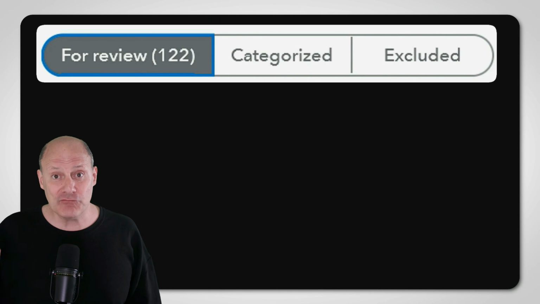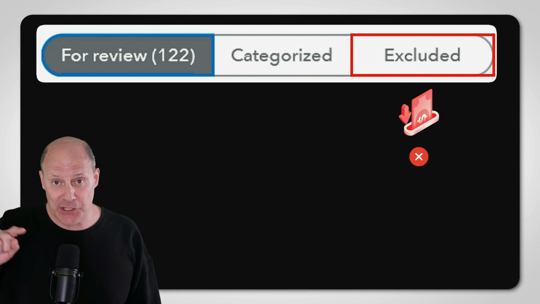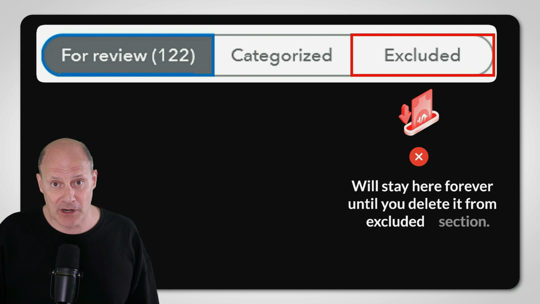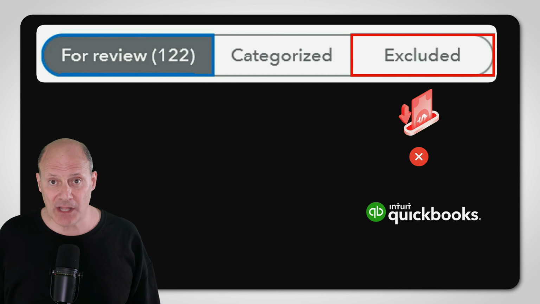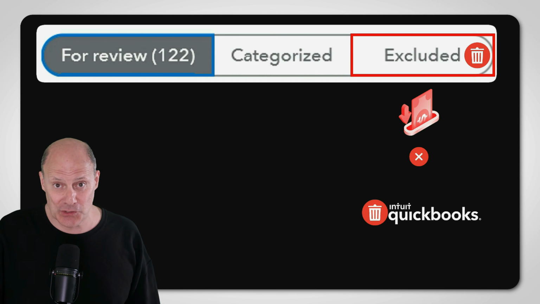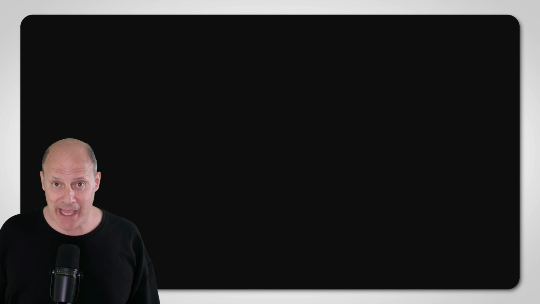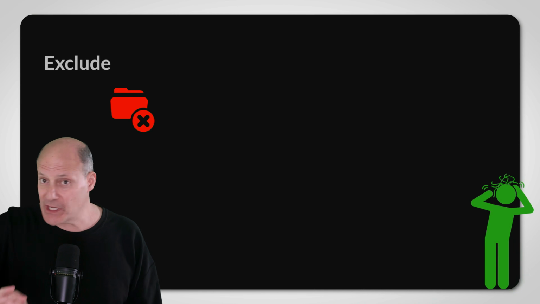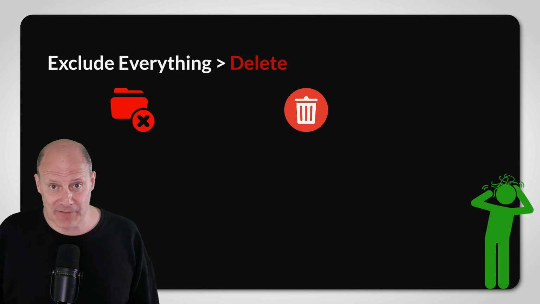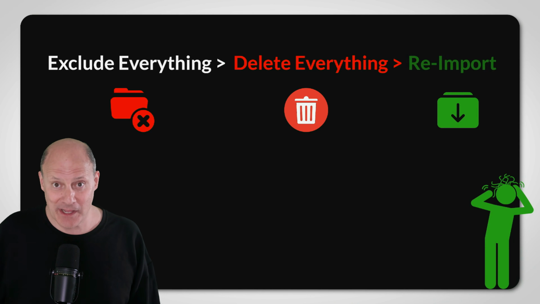But if you rejected a transaction and you put it in the Excluded section, it will stay there forever until you physically delete it from the Excluded section. And QuickBooks Online allows you to delete things that have been put in the Excluded section. This way, if you mess things up, you can exclude everything, delete everything, and then re-import and start fresh. Hopefully, we will not need to do that.